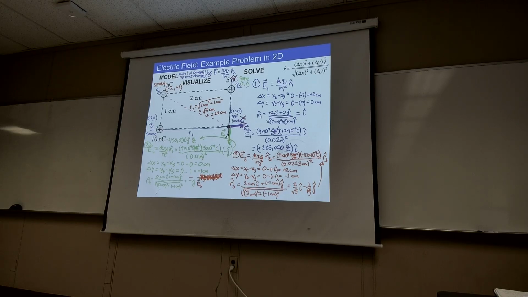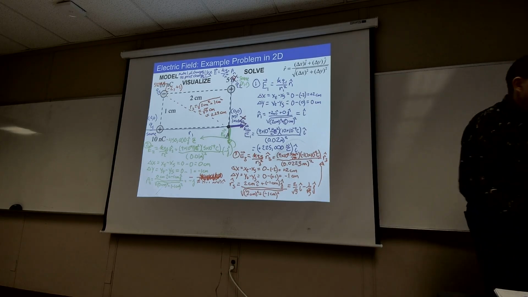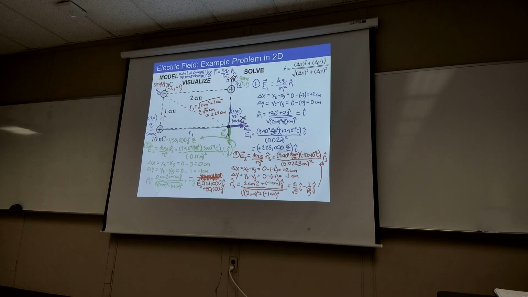E3 is equal to negative 161,000 i hat, sorry, negative 161,000, and then plus, I got 80,500 or so for j hat. All right, sorry, it was real messy. Oh, sorry, for some reason it's not showing up. Okay, I'll write it up here. E3 is equal to negative 161,000 i hat plus 80,500 j hat. And that's in Newtons per coulomb. I'm not sure why it's not showing up.